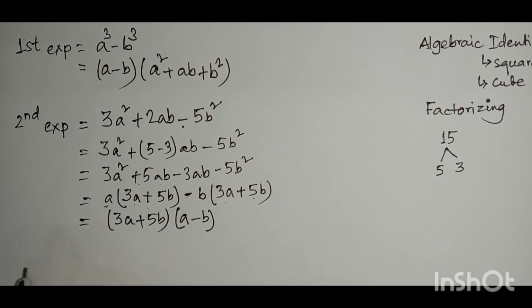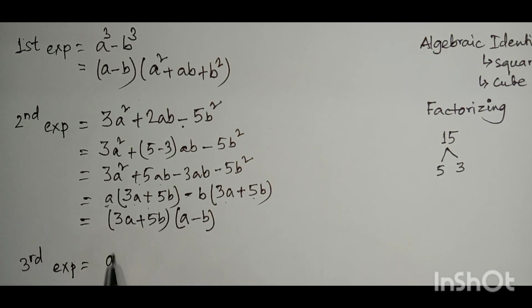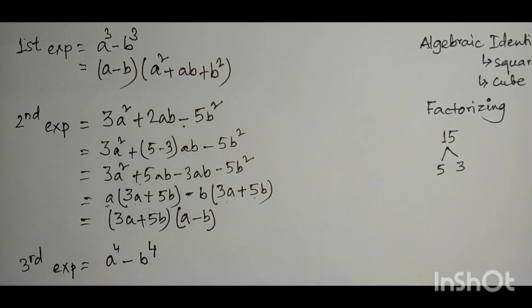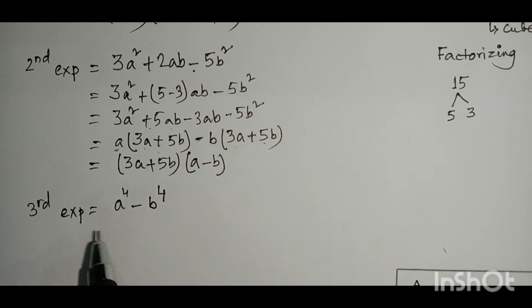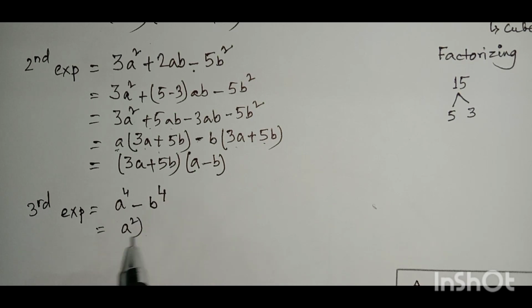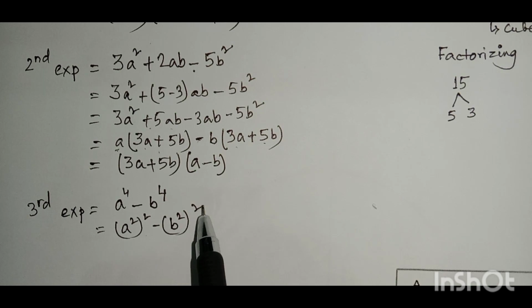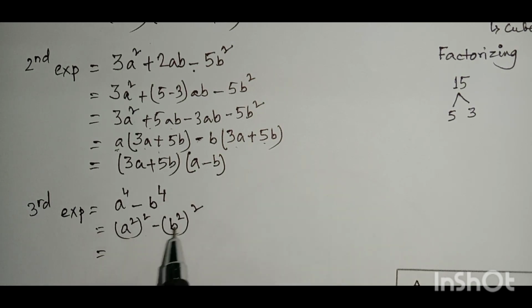And the third expression is a power 4 minus b power 4. And this one we can write as a square minus b square, so it's written in the format a square minus b square.